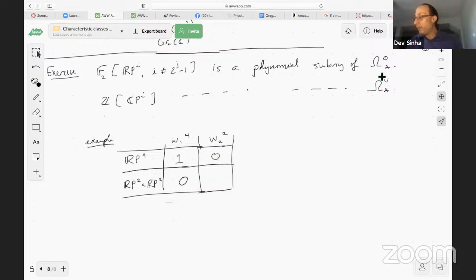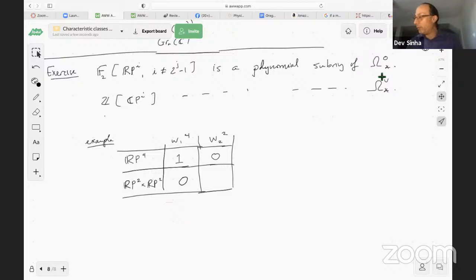Whereas W2 of RP2 cross RP2, I am going to have that X1 plus X2, the generators, that squares, that's good.